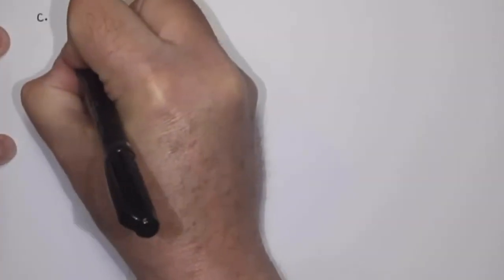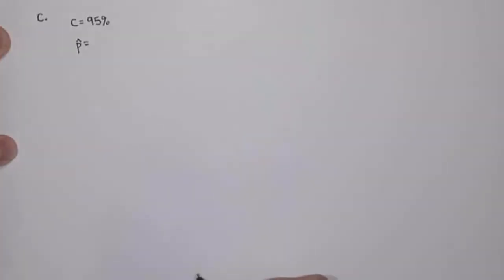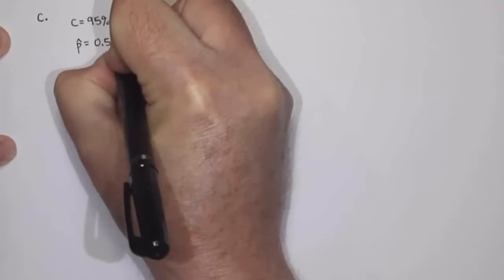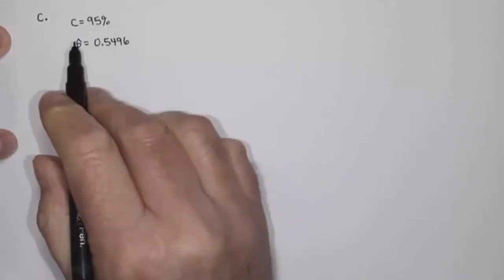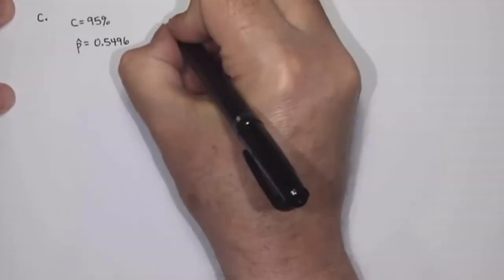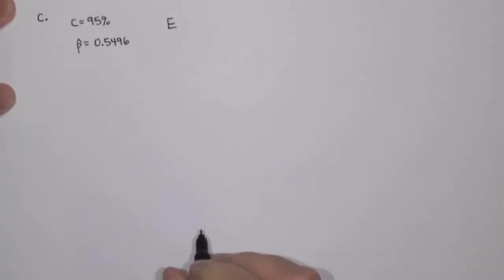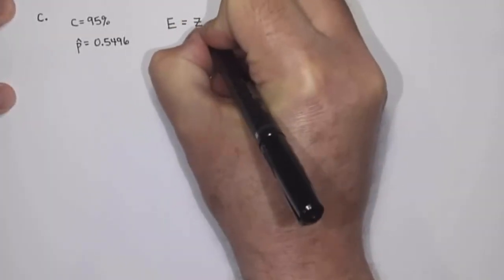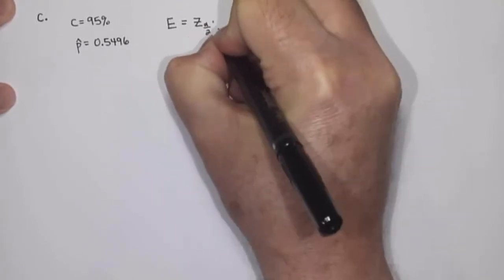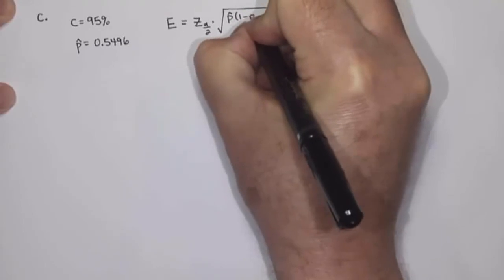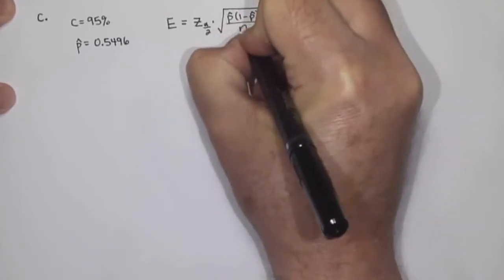And so we already know our point estimate from part A. We know that p hat is equal to 0.5496. So in order to finish my confidence interval, I need to calculate the margin of error. So we need to calculate E. Well, we've learned that our formula for E is z sub alpha over 2 times the square root of p hat times 1 minus p hat divided by n.